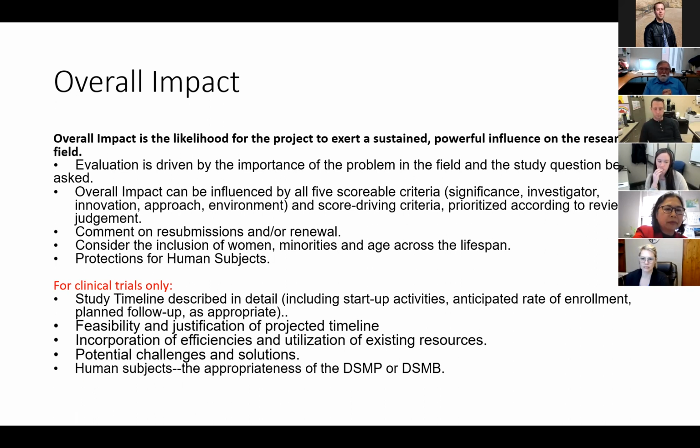In other words, you don't want to propose something that can't be done within the time that you're going to be funded. Also consider incorporation of efficiencies and utilization of existing resources, potential challenges and solutions, and human subjects, including the appropriateness of the DSMP or the DSMB. Human subjects will be looked at really closely for a clinical trial and its impact.